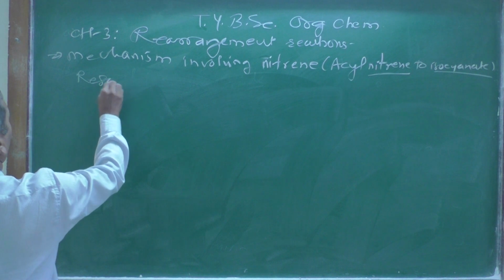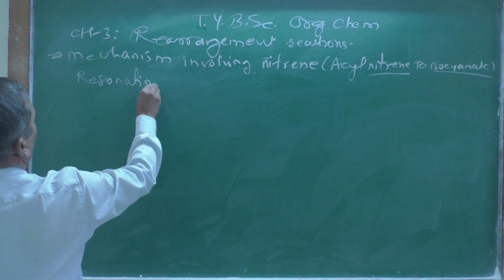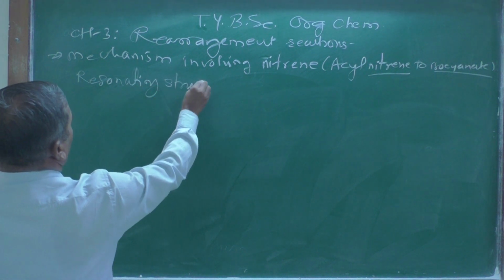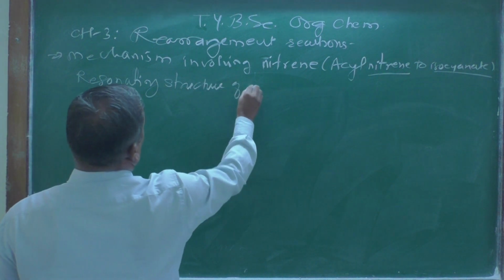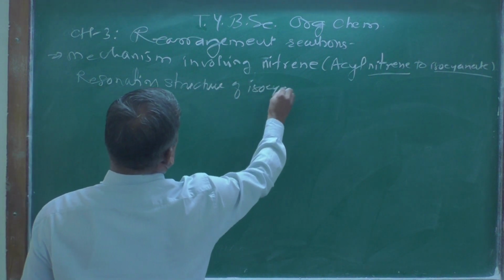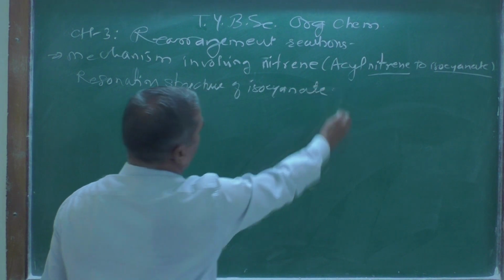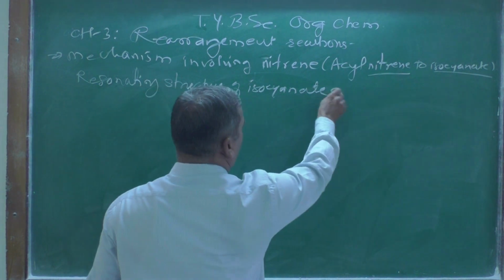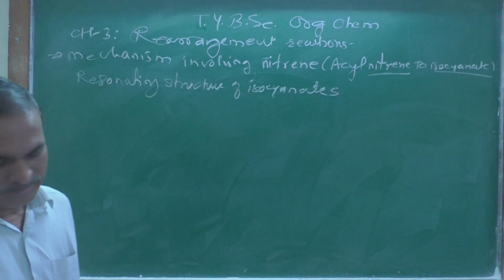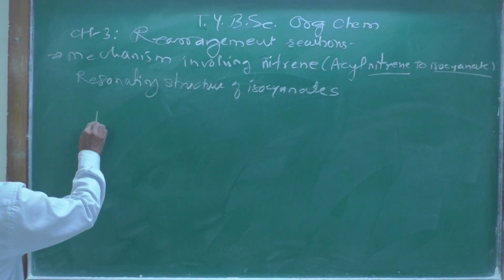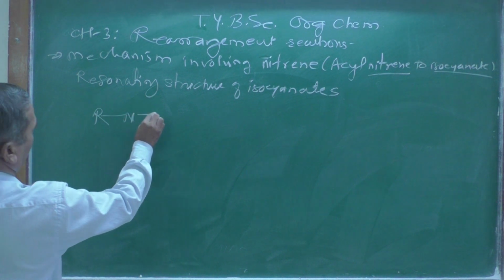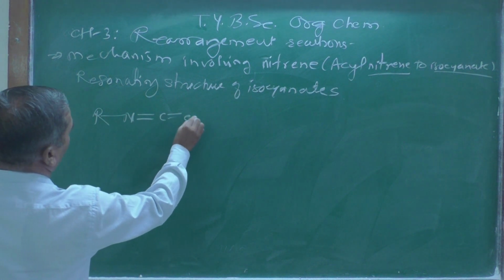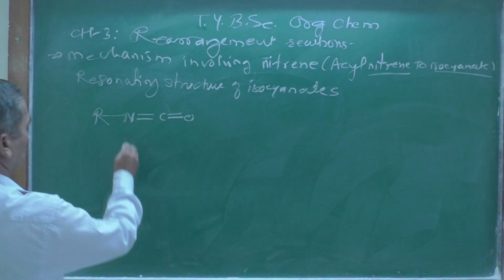Resonating structure of isocyanate. As we know, isocyanate has the structure R, N double bond C double bond O. That is the structure of isocyanate.